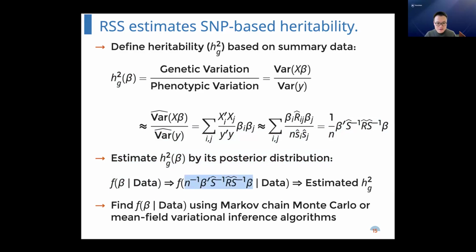This is a technique we teach in our undergraduate class called the change of variable. You have the distribution for one random variable, and you can induce the corresponding distribution after transforming this random variable in a certain way. Once we have this posterior distribution, we can estimate the h-squared in a very straightforward way. You can take a mean, you can take a median, however you prefer.